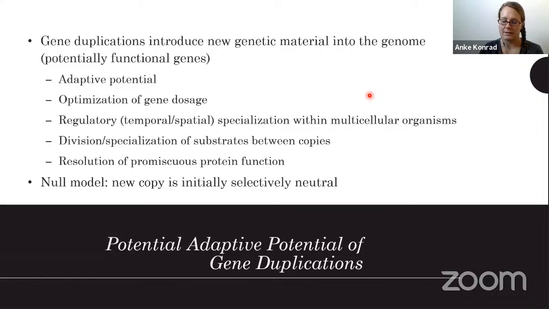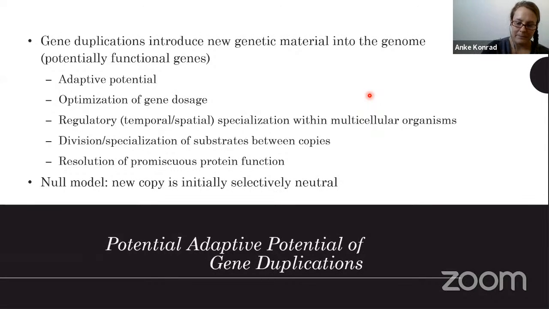Whether that is by optimizing gene dosage, partitioning the regulatory machinery to essentially allow for tissue-specific expression or spatial or temporal differences in expression, developmental differences. You can have the resolution of promiscuous protein functions, specialization of different kinds of reactions. All of these potential mechanisms can help in adaptation.